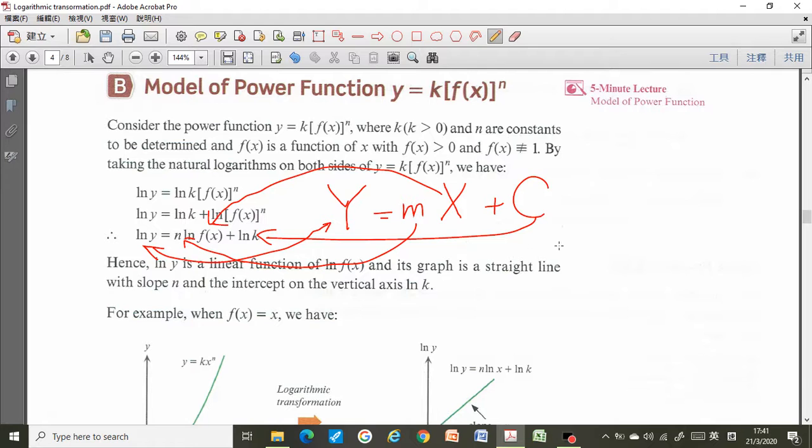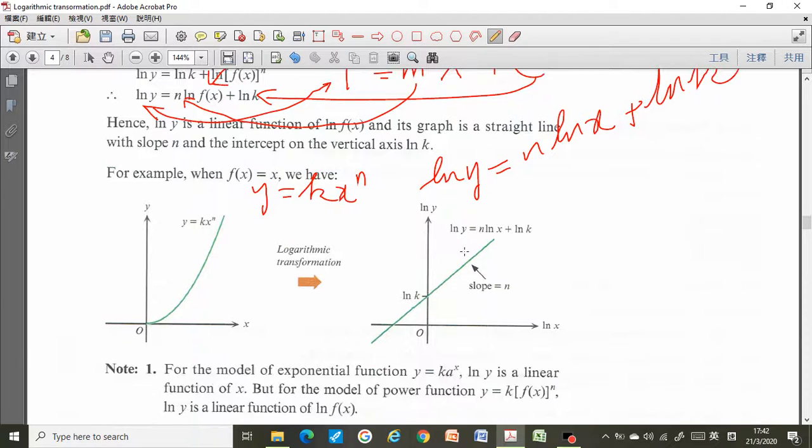So we will find that we have this example. If the f(x) here is put as x, that means your original y is equal to k x to the power n. Then you take logarithm, you will get log y equal to n log x plus log k.